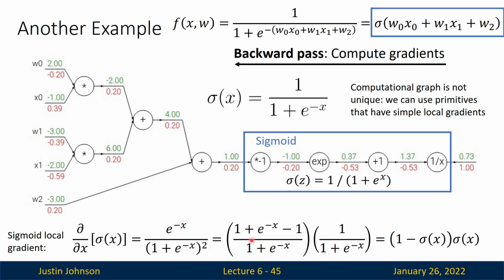So we can rearrange those terms, and then what we get is 1 minus the sigmoid function times the sigmoid function.